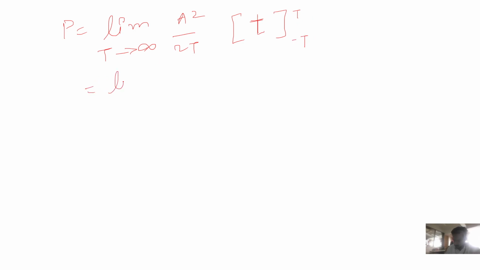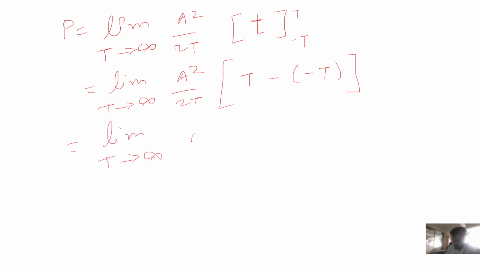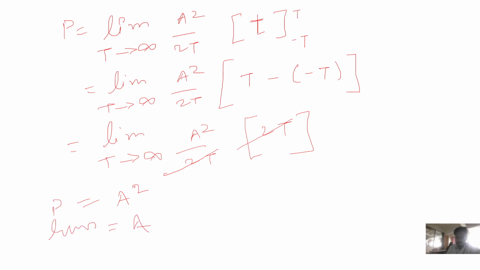And this is going to be equal to limit t tends to infinity a square upon 2t in bracket t minus t, and that is going to be equal to limit t tends to infinity a square upon 2t, and therefore this is 2t, right? 2t is going to get cancelled, so a square is independent of t, and therefore I can take this outside, and that is a square. So power is a square and RMS value is a. I hope now it is clear to you.